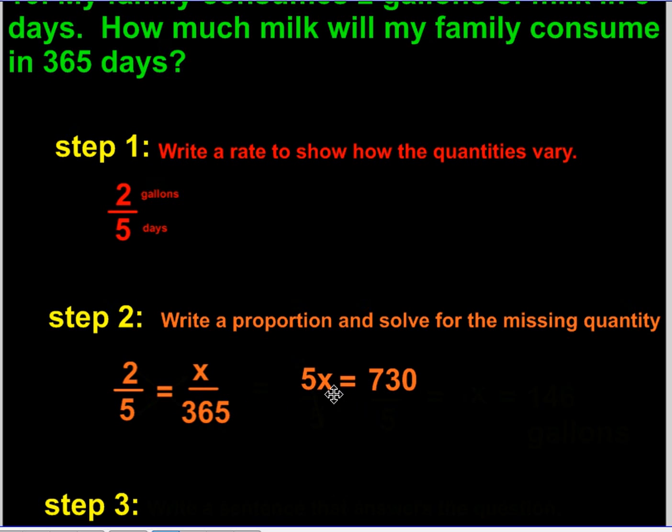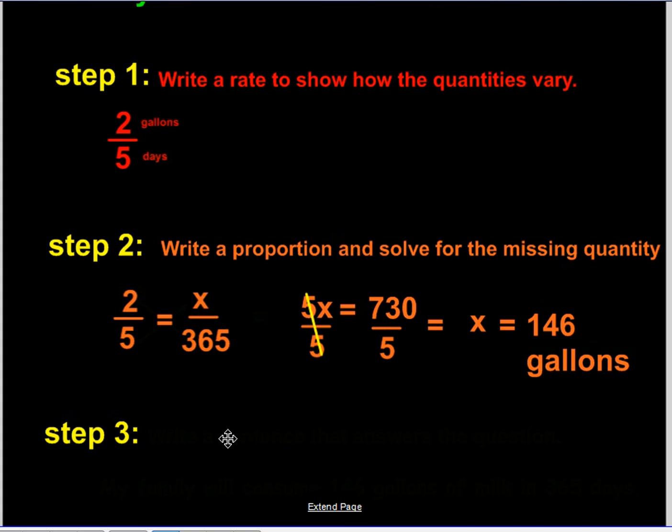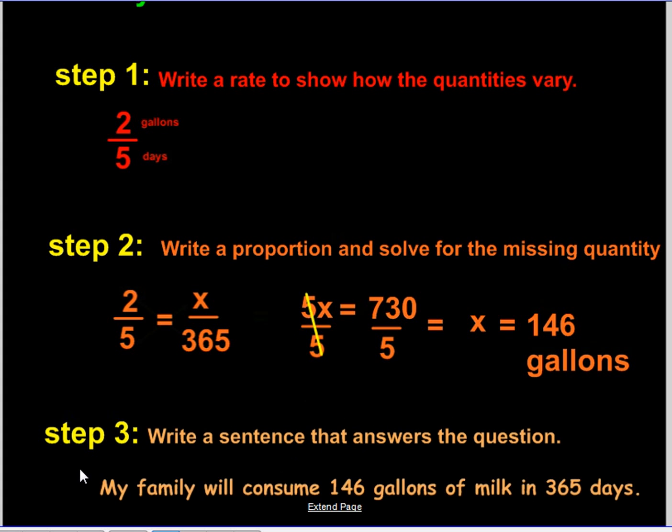So we have 5x equals 730. We want to isolate x, so we divide by 5 and we divide by 5. And that's going to get us x equaling 146 gallons. And once we have that, we come in and we write a sentence. My family will consume 146 gallons of milk in 365 days.